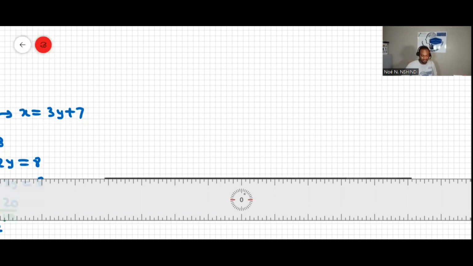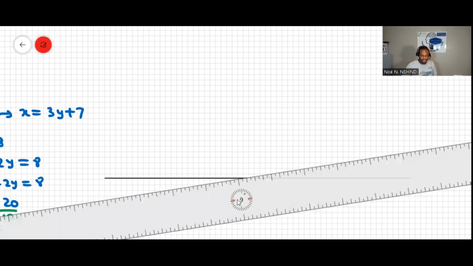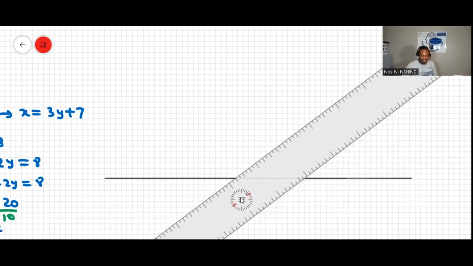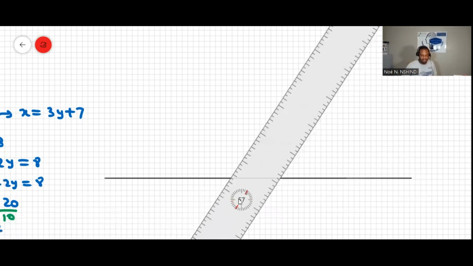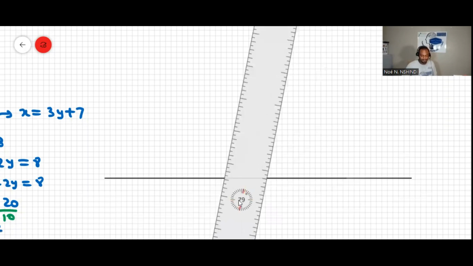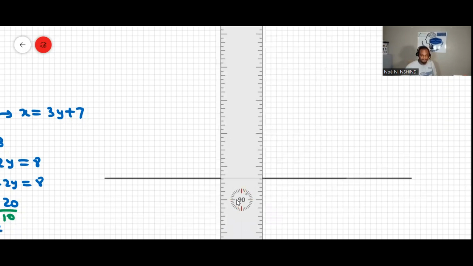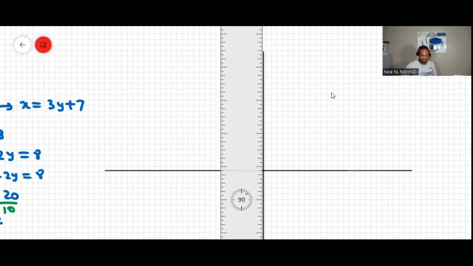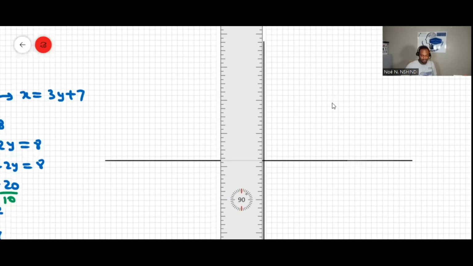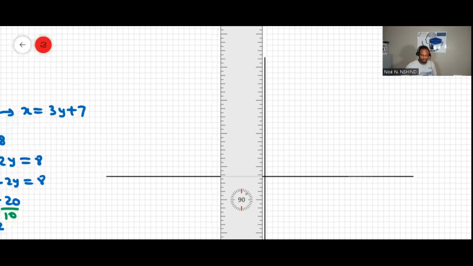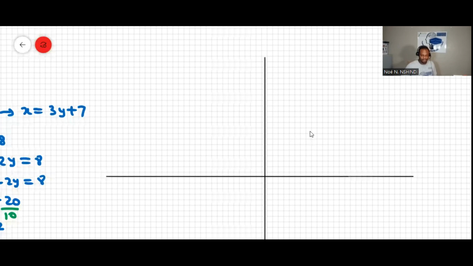And then we're going to make also the y-axis, the vertical axis.